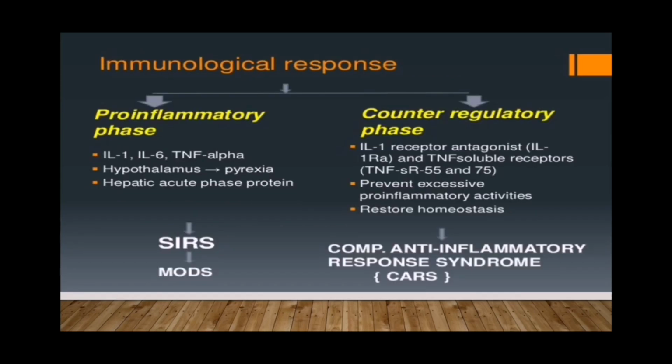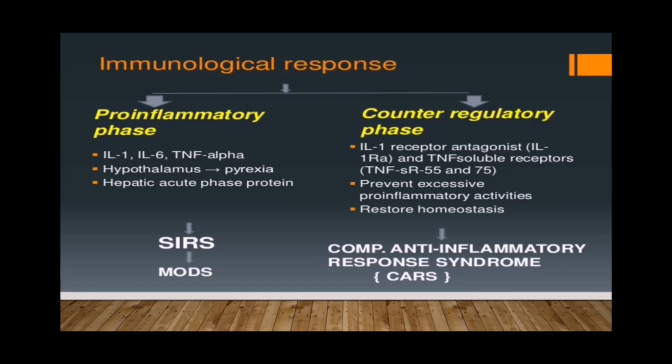We have the immunological response, which is divided into a pro-inflammatory phase and a counter-regulatory phase. In the pro-inflammatory phase, we have interleukin 1, interleukin 6, and TNF alpha, which cause pyrexia by acting on the hypothalamus, proteolysis by acting on skeletal muscles, and hepatic acute phase proteins, which lead to SIRS if not treated, and it goes on to MODS.